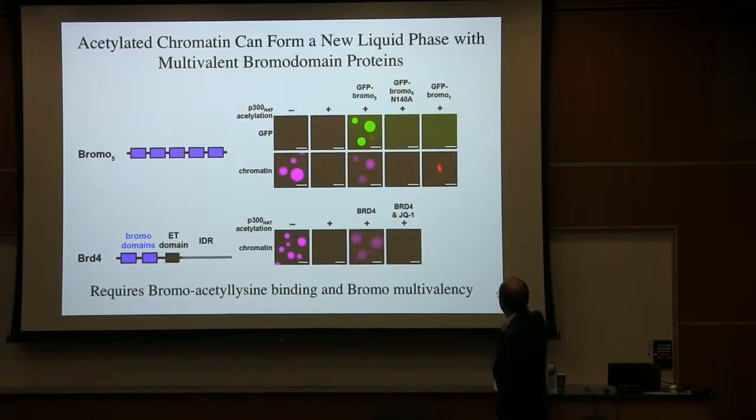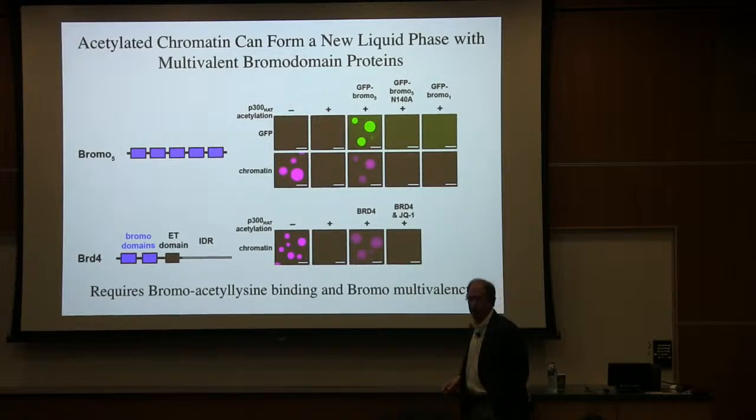A single bromodomain protein absolutely does not, at any concentration, cause reformation of the separated phase. And if we block binding to the acetylated lysine tail, either through a mutation or through a small molecule called JQ1, again, in both cases, we block formation of this acetyl bromo phase.